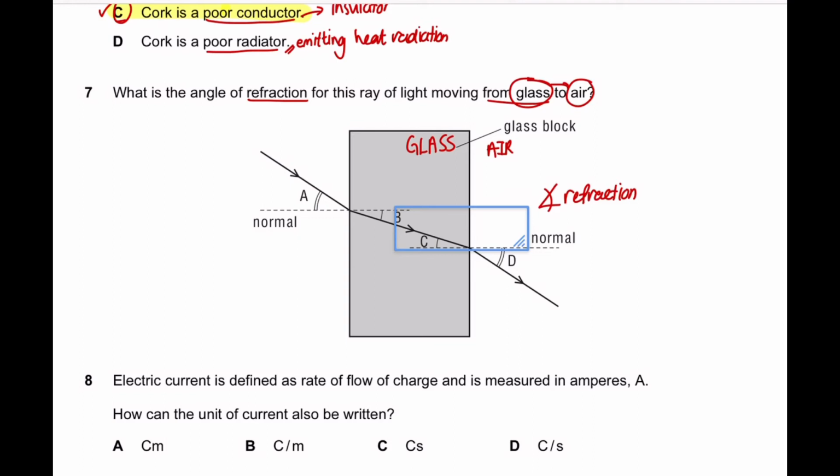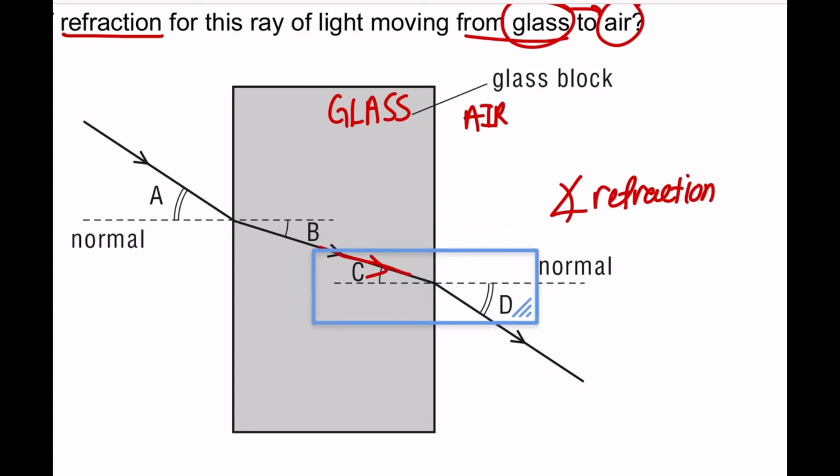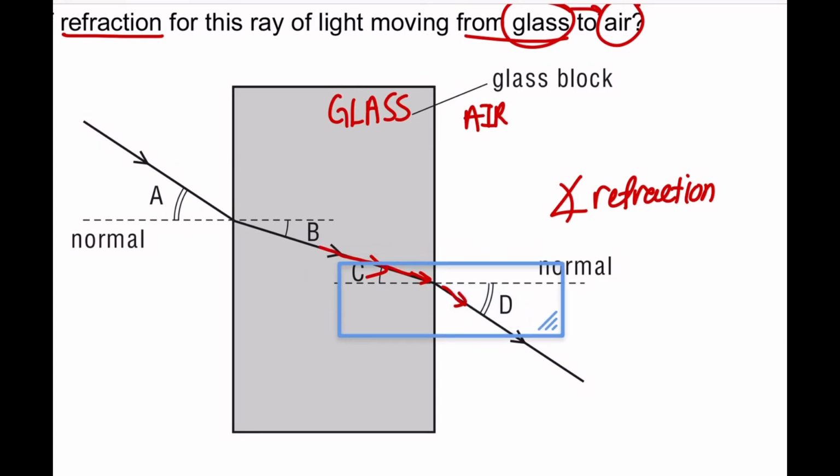Where the ray of light bent. So here from the glass, this arrow right here is going out from the glass to the air. So the refracted ray is here, next to the D. Let me label with blue. The refracted ray is here.